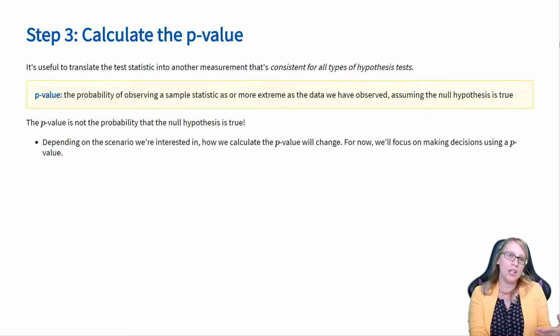Now, how we calculate this p-value changes, but how we interpret it does not, because at its core, this p-value is a probability. That means that no matter what test we're doing, the p-value will be on a constant scale from test to test. So we can assess that evidence in a similar way, no matter how we do things, which is really powerful.